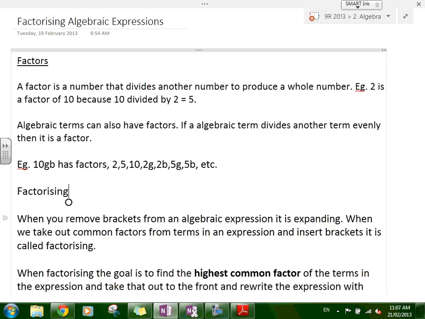So that's a factor of this. 2B, because again 2 goes into 10, there's a B. 5G, 5B, etc. There's many others. So all these are factors, they fit inside or they go into this 10GB evenly.